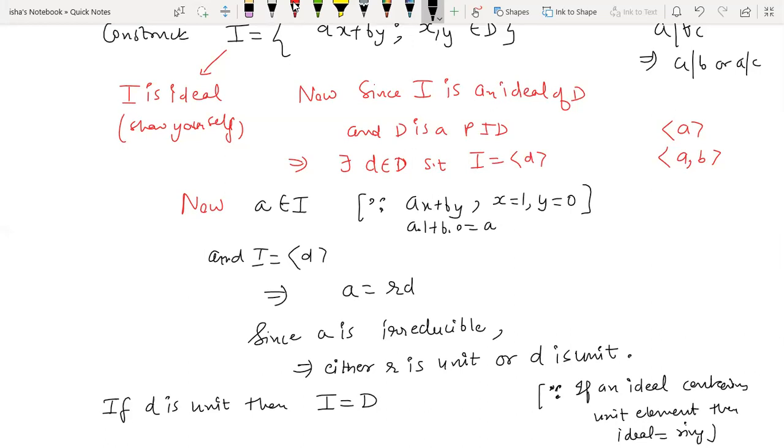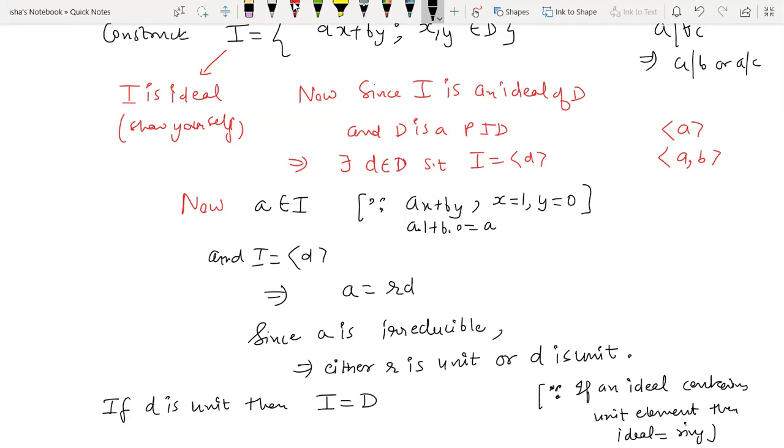There were two results actually. One of these we did in class, that if an ideal contains unity, the multiplicative identity element, then the ideal becomes the whole ring. Same here: if the ideal contains a unit element, then also the ideal becomes the whole ring.